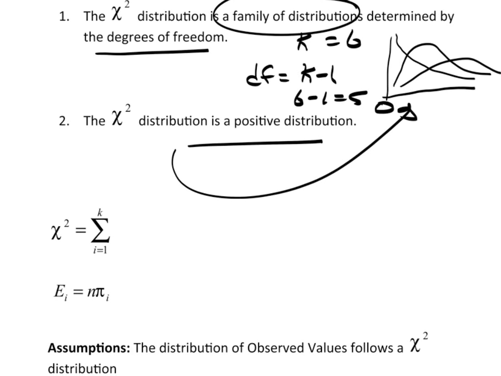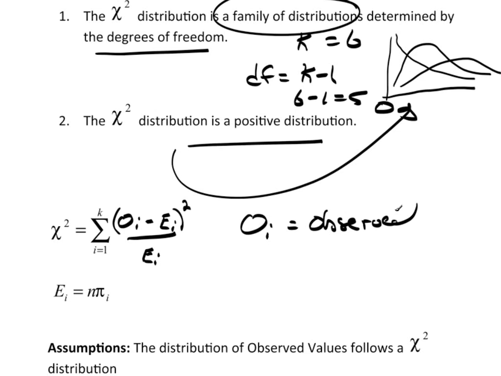Now, the actual test statistic consists of the sum, i equals 1 to k, where k is the number of categories, of (Oi minus Ei) squared divided by Ei, where Oi equals the observed in group i, where i would be 1, 2, 3, 4, all the way up to 6 if k happened to be 6.